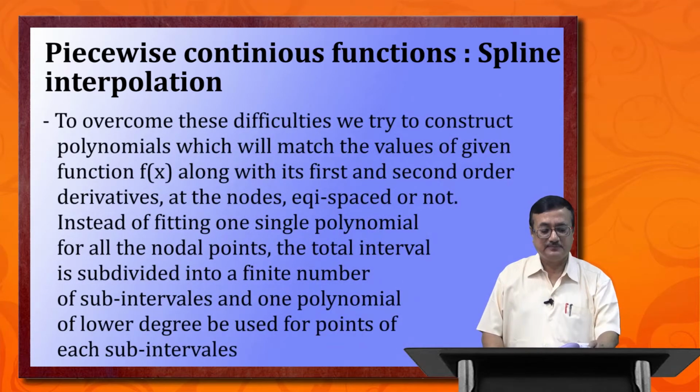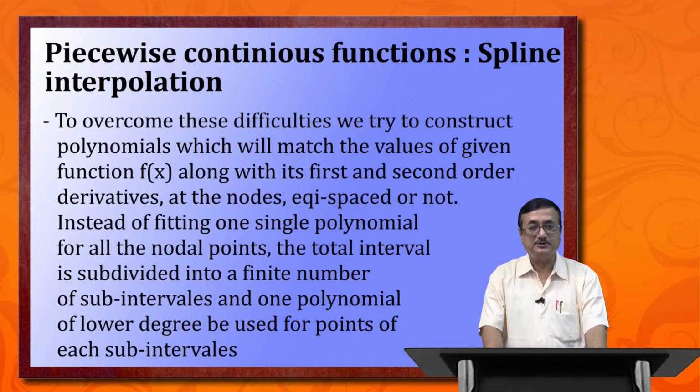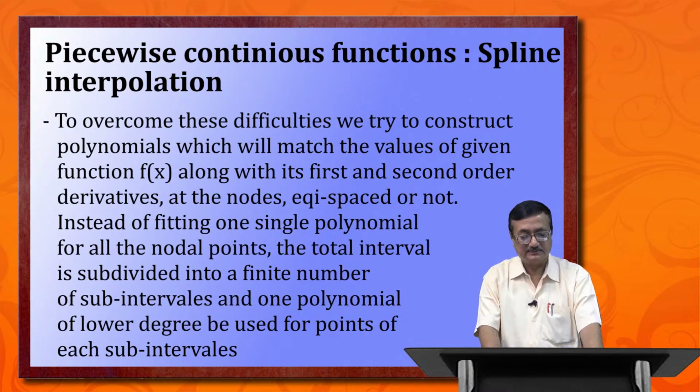To overcome these difficulties, we may try to construct a polynomial which matches the value of the given function fx along with its first and second order derivatives at the nodes, which may be equispaced or may not be equispaced.